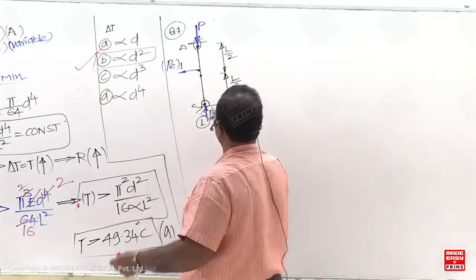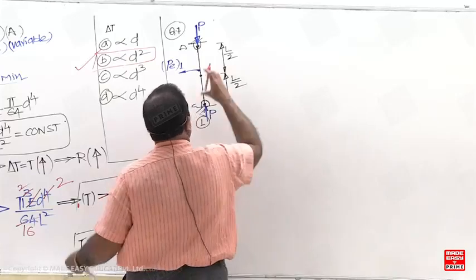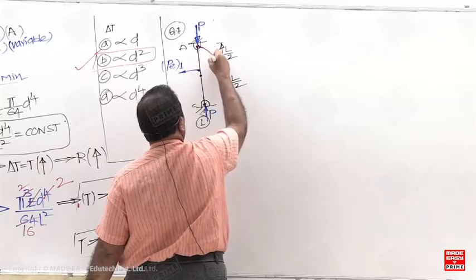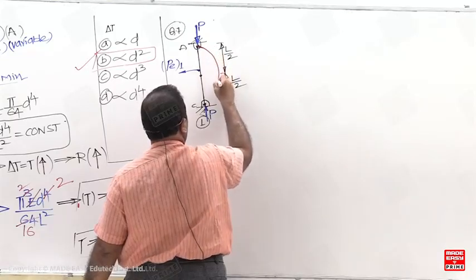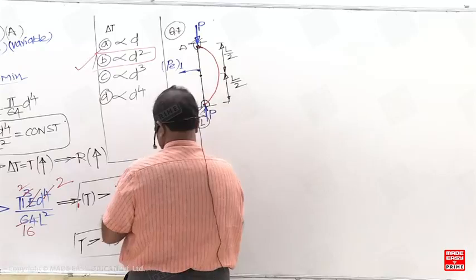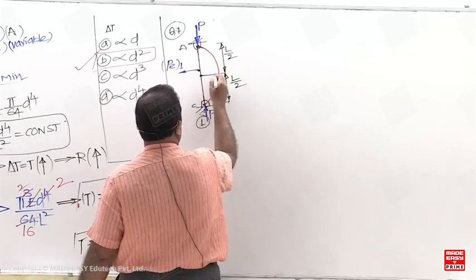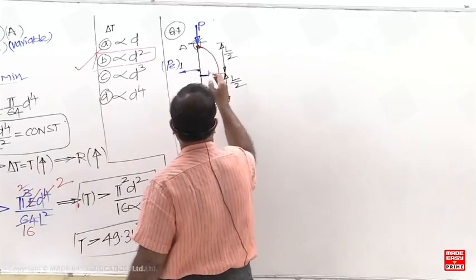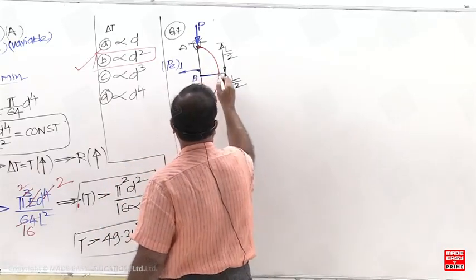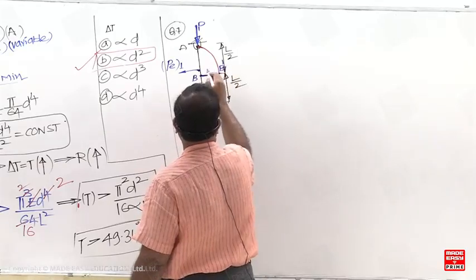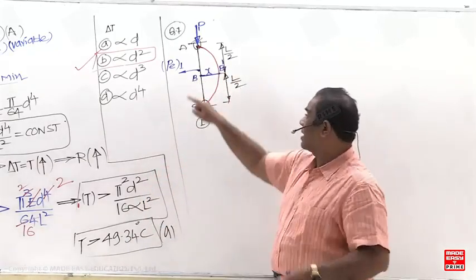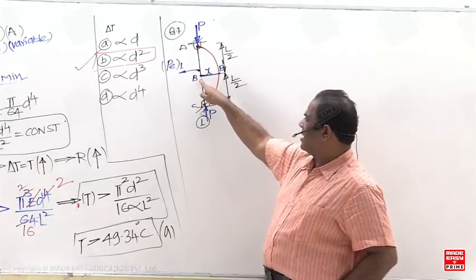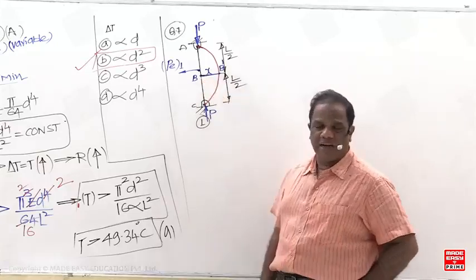What is the shape of the buckling curve? So this is a buckling curve. And exactly at mid height, we are getting this much of lateral movement.